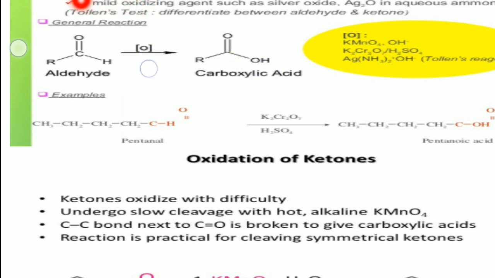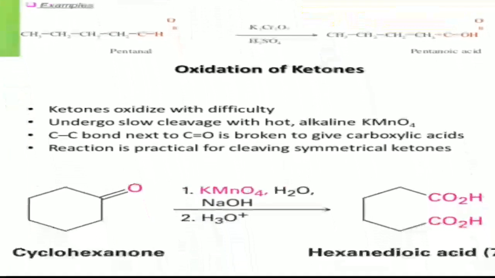This oxygen is adding to the aldehyde, or RC=O(H) is converting into RC=O(OH). This is the formation of carboxylic acid. In the presence of mild and strong oxidizing agents, aldehydes convert into carboxylic acids.